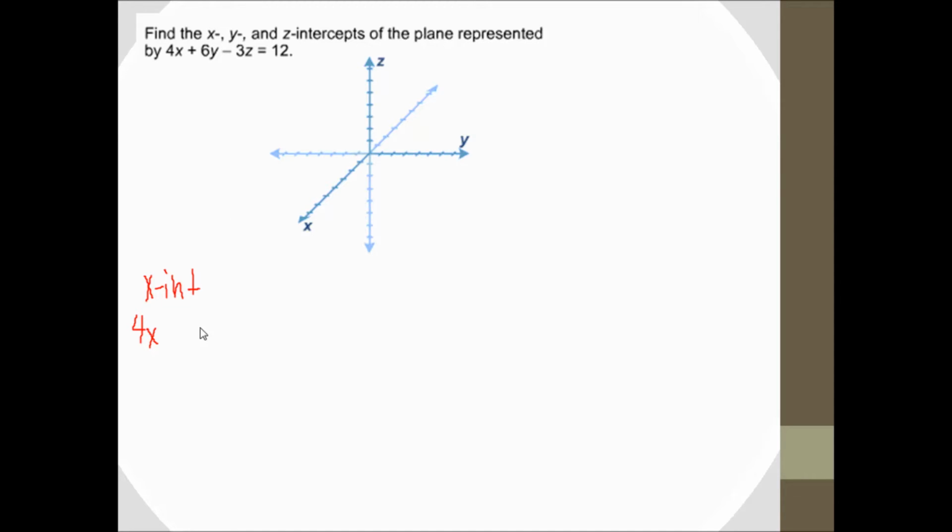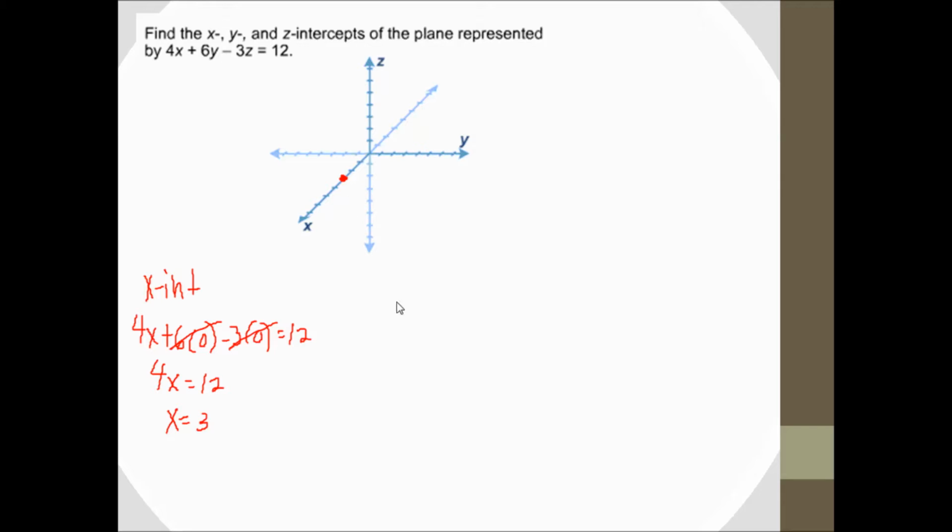So I have 4x plus 6 times 0 minus 3 times 0 equals 12. Well, that's going to cancel out those. So I have 4x equals 12, divide by 4, and x is 3. So my x-intercept is 3, so I'm going to come to my graph and put an x-intercept at 3.